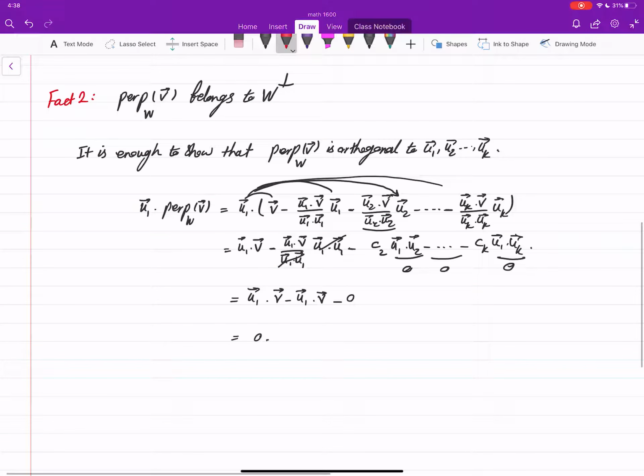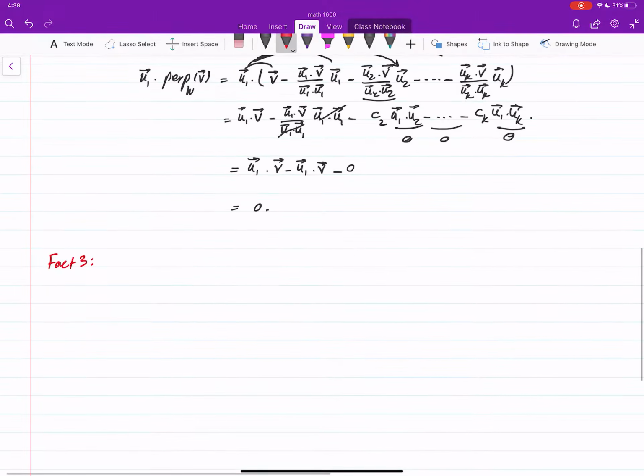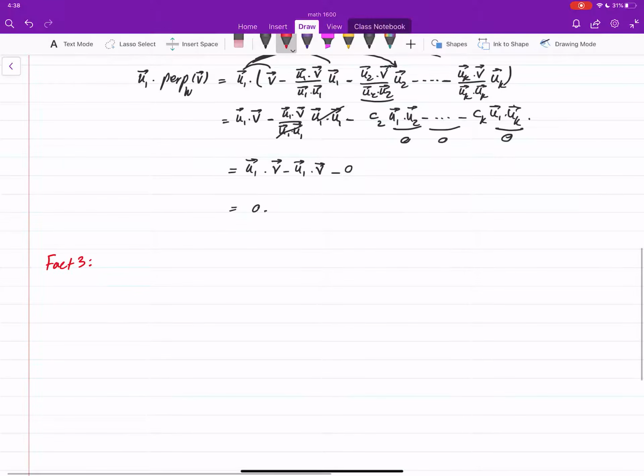Now that we know one belongs to W and the other belongs to W perp, an easy third fact is that if you add these two, the projection of V over W and perp of V over W, they add up to vector V. Why is that so?